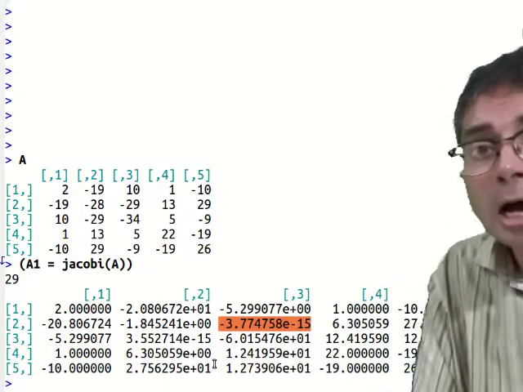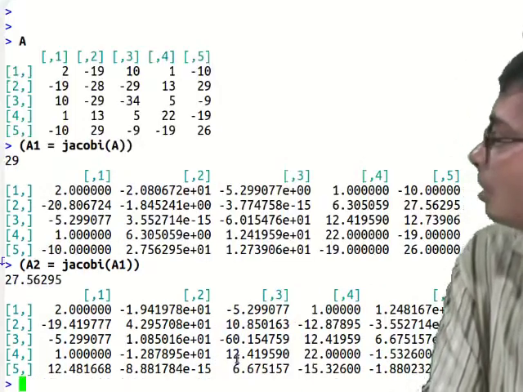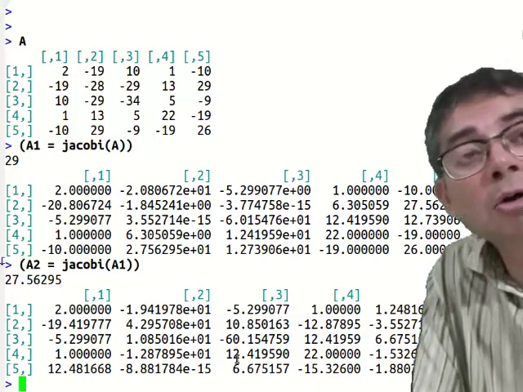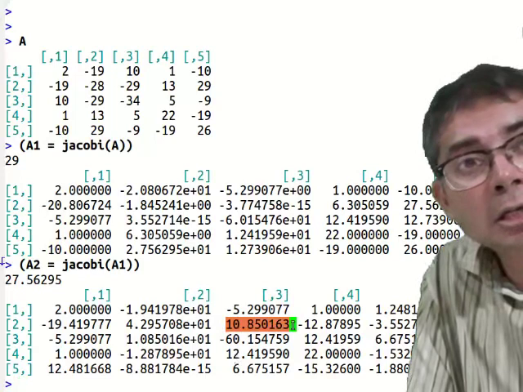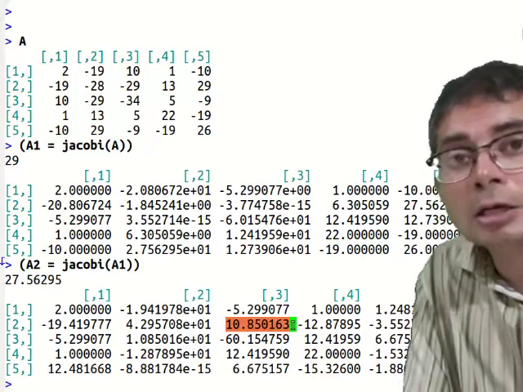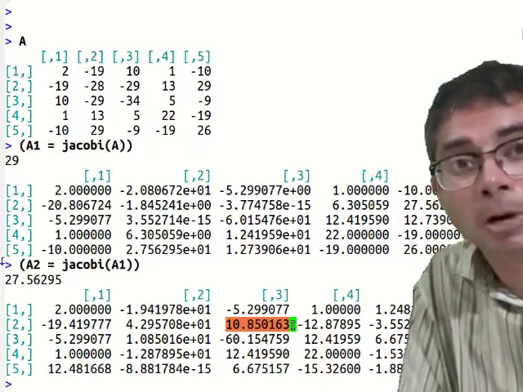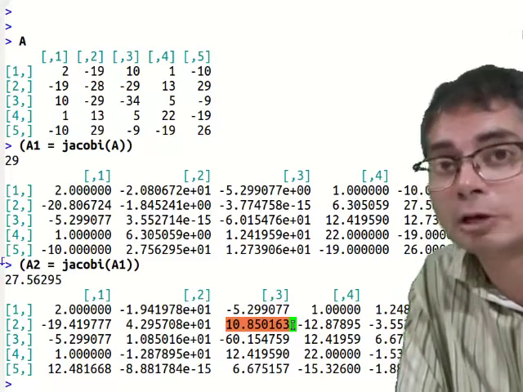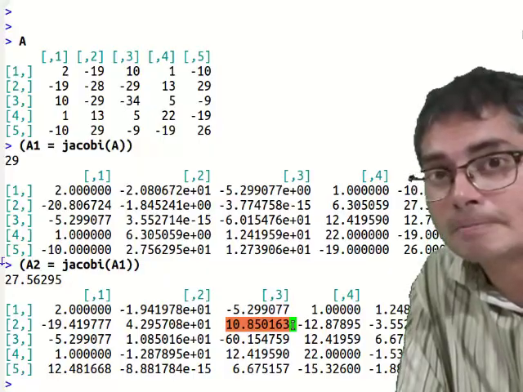Now suppose I carry out the same thing once again. And this causes that old entry to become non-zero again. So you see, there is really no guarantee that entries that you have zapped once will not pop up back again. And that is what makes the proof of Jacobi's convergence result slightly tricky.